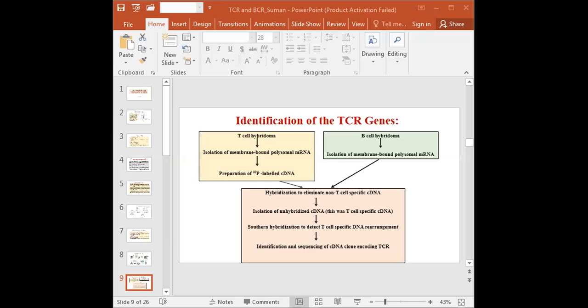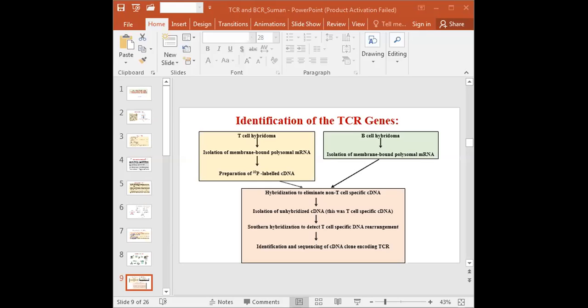On the other hand, the cDNA molecules which remained single-stranded were those expressed only in T cells. These single-stranded cDNA molecules were cloned, and it was hypothesized that any cDNA clone encoding a TCR gene would show a changed DNA profile in T cells compared to the cells from other organs.